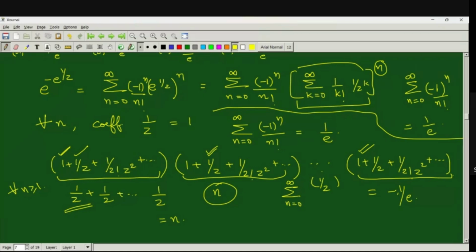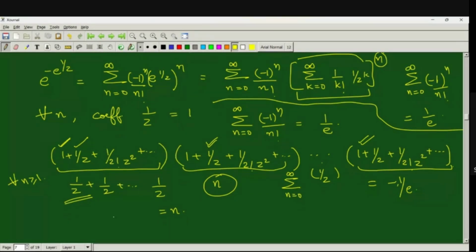Also notice that for n equal to 0, there is no coefficient of 1 by z. The entire series is going to be 1. So for each n greater than or equal to 1, the coefficient of 1 by z in this part is n.